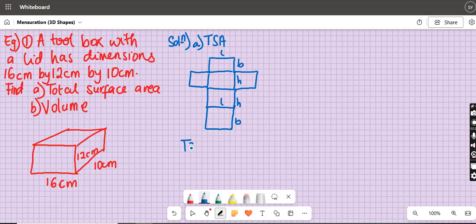So our TSA will be 2 into brackets LB plus LH plus BH.